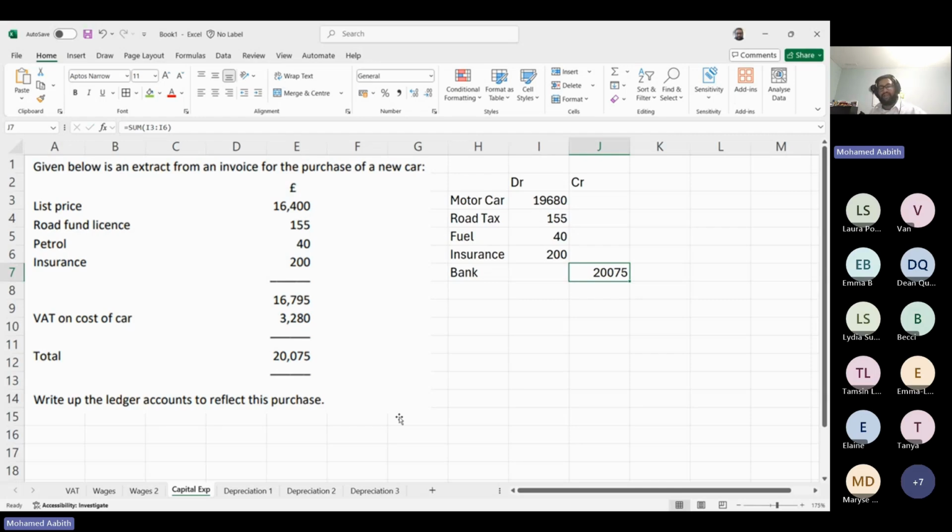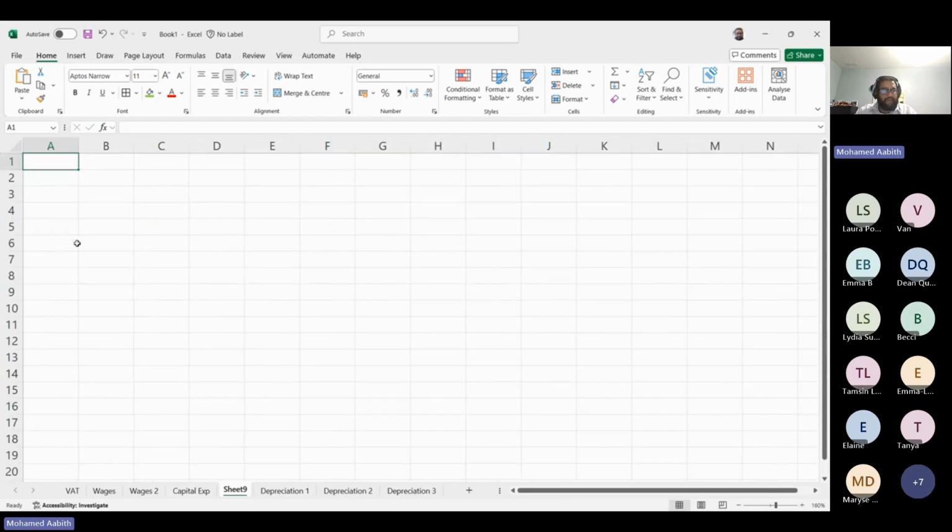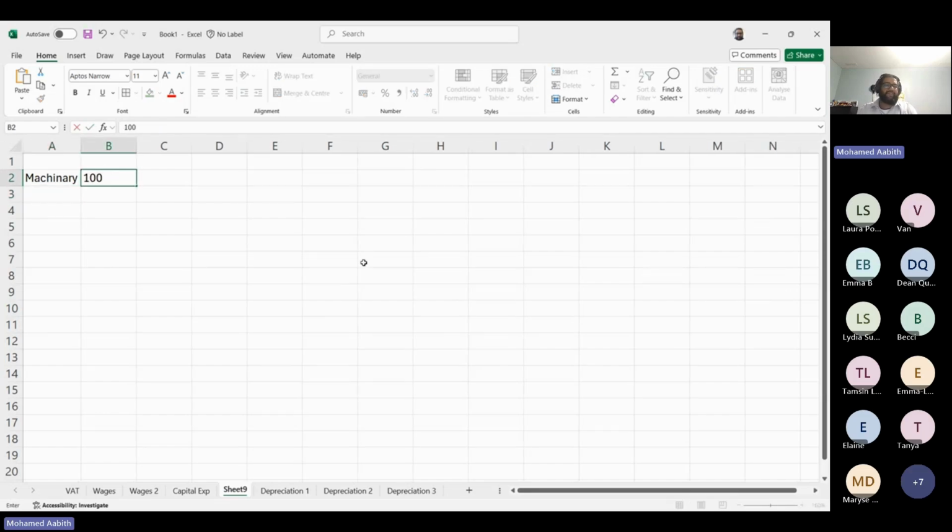So I'm going to give you another example. I bought machinery, which cost me a list price of 10,000 pounds.